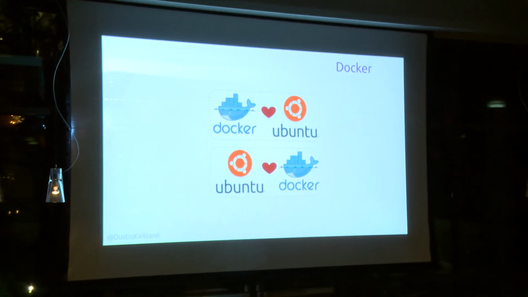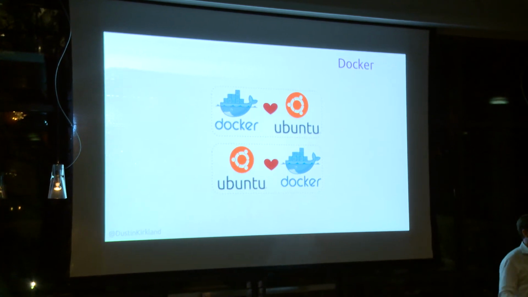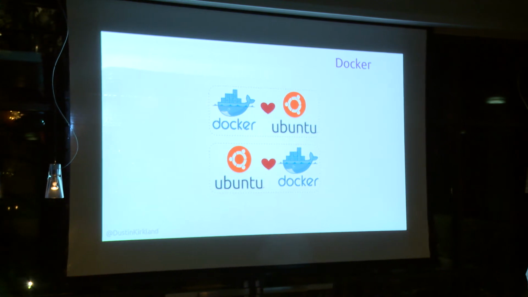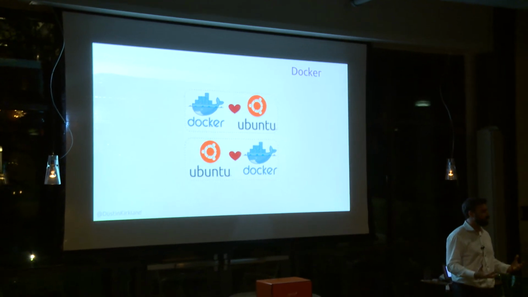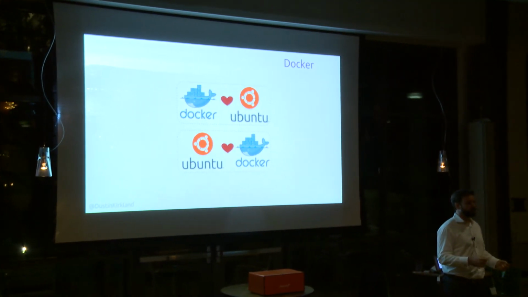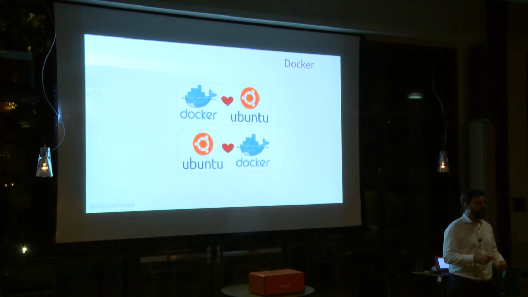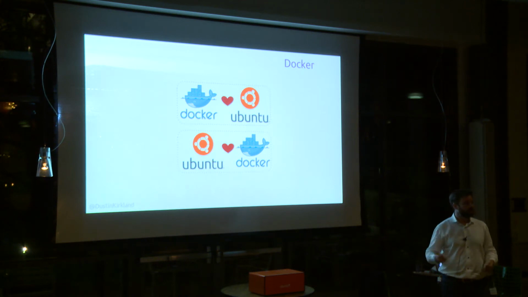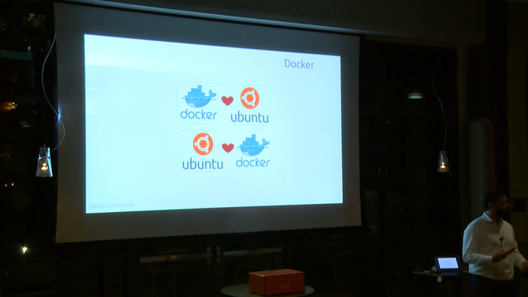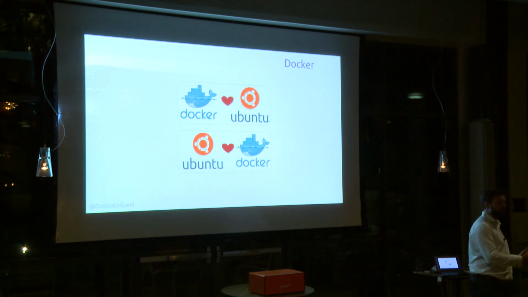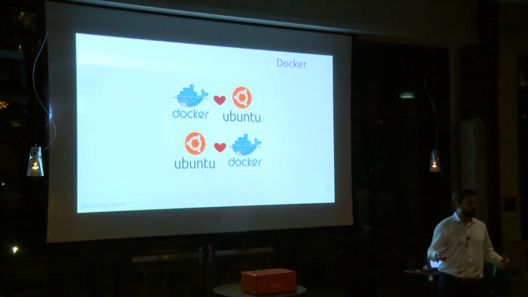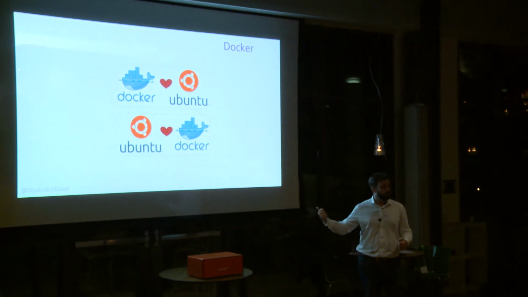We do a lot of work in Canonical and within the Ubuntu ecosystem around Docker. And I'm happy to say that we love Docker, and Docker users seem to love Ubuntu. That happens at a couple of different levels. We work closely with the Docker team to ensure that Ubuntu and Docker are well tested together, that we've always got latest and greatest Docker binaries, both the Community Edition and the Enterprise Edition, available on Ubuntu.